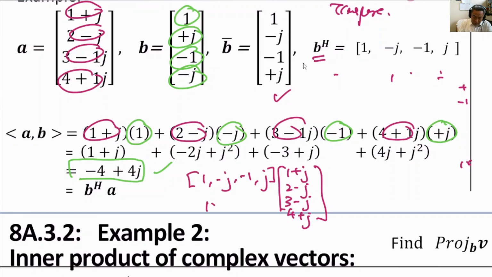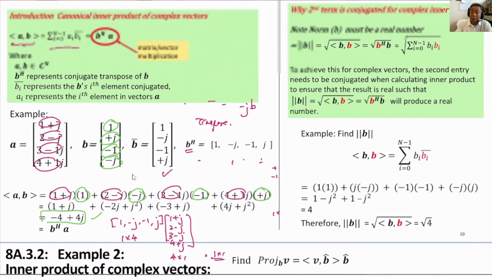Remember, this is a 1 by 4 matrix. This is a 4 by 1 vector. The answer is 1 by 1, a scalar. And the scalar is minus 4 plus 4j. So when we perform the inner product of two complex vectors, typically out comes a complex number. So this is the inner product.